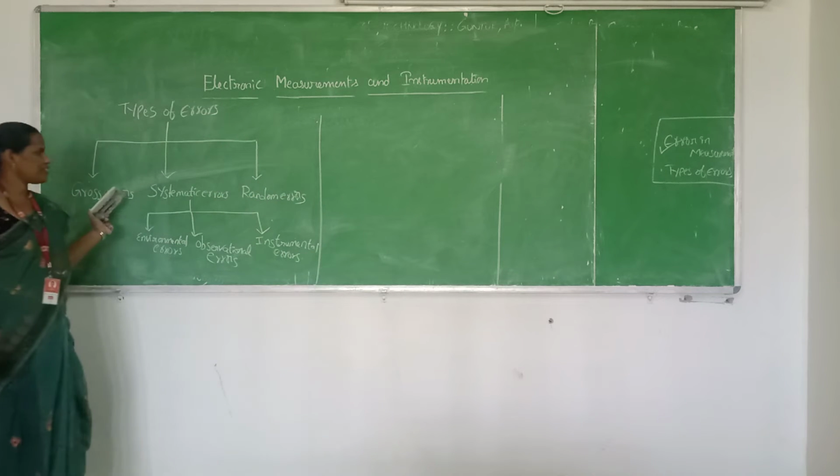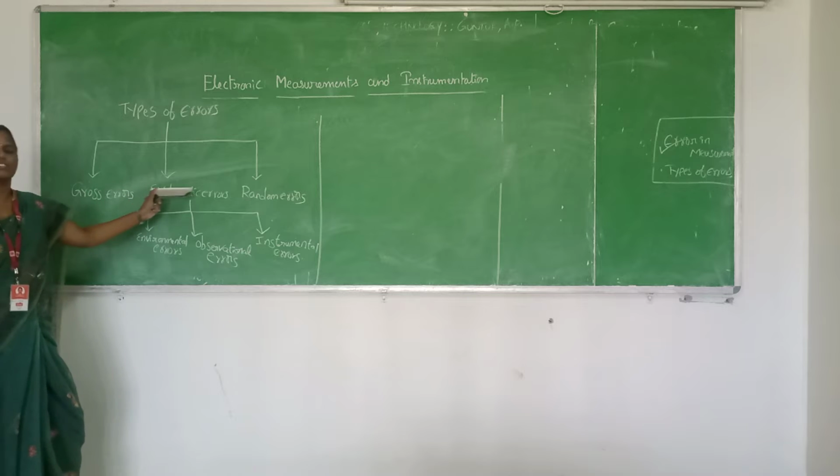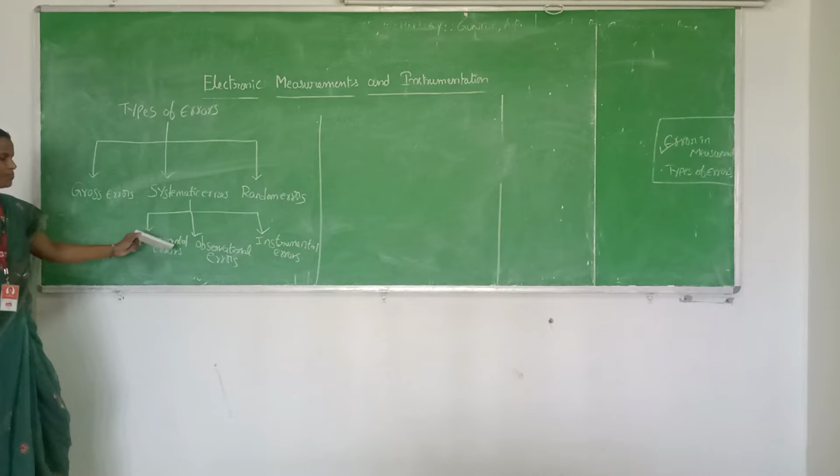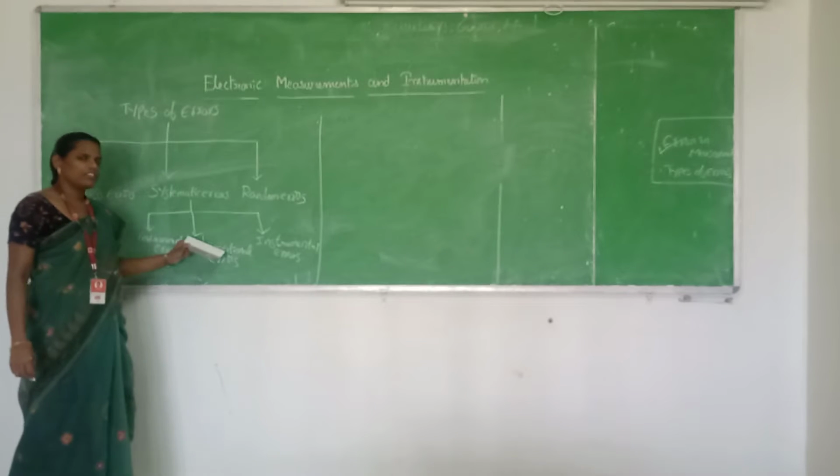So the three types of errors are gross errors, systematic errors and random errors. In systematic errors we have three errors: environmental errors, instrumental errors and observation errors.